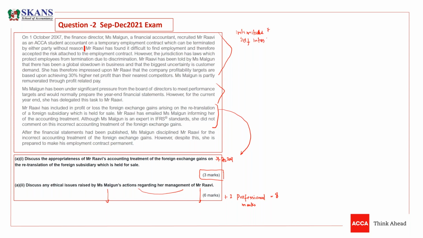He will always try to please Miss Malgan because she can terminate him at any time. So temporary employment contract, it can be terminated without any reason. It means there is a constant pressure due to the nature of the contract. So there is constant pressure, guys, on Mr. Ravi.